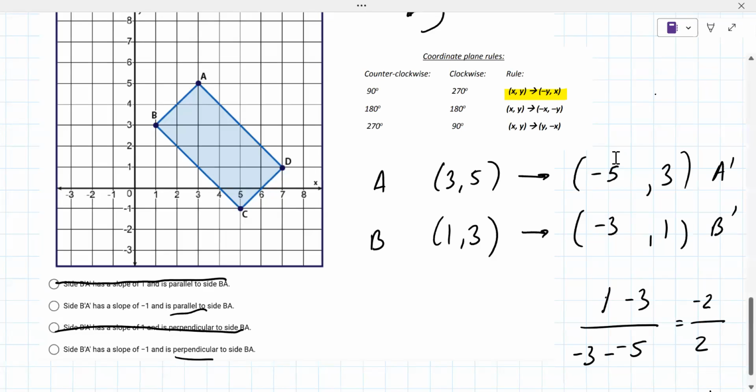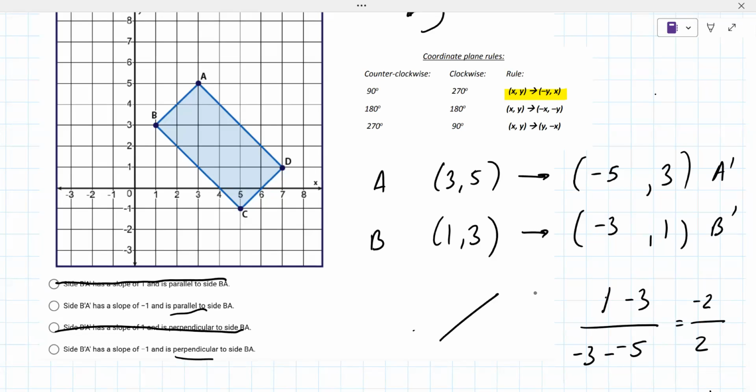Wait, so for it to be perpendicular, it has to intersect each other at 90 degrees? Yeah, for it to be perpendicular.